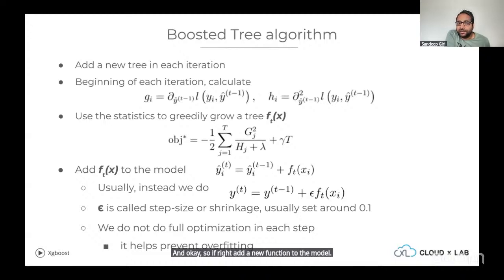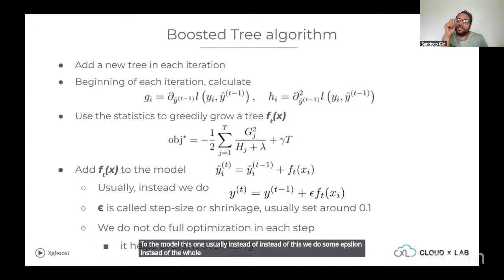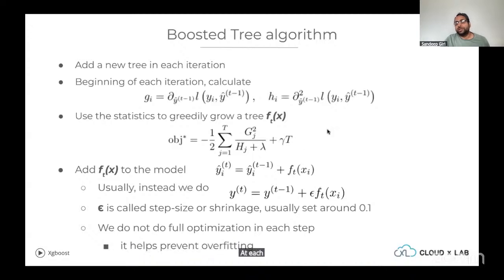Usually, instead of the whole thing, we use some epsilon. We just add a new tree with epsilon set around 0.1, and we do not do the full optimization at each step. Essentially, we grow the tree gradually.